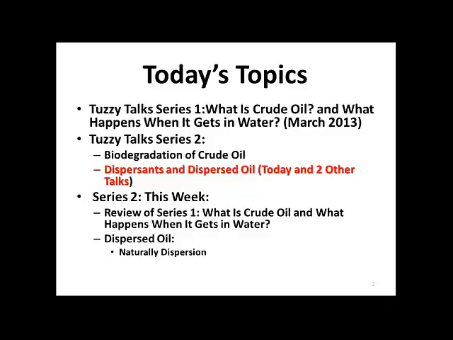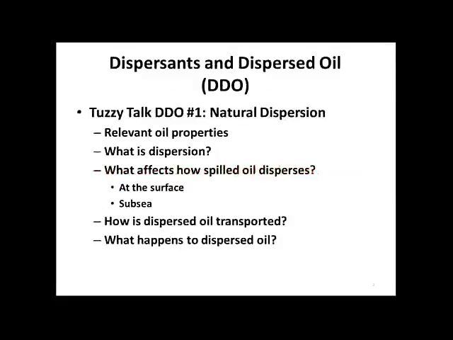So today, I'm going to review some of those properties of oil that are key. And then I'm going to talk about dispersed oil and natural dispersion only. Natural dispersion only. So today the talk is going to consist of natural dispersion.